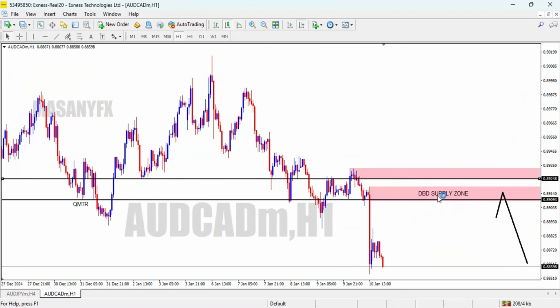As I'm telling you, the price will react here first, because the big move was here. This drop versus this drop is stronger than this drop, which means the strongest decision to sell is taken from this base, not from this base. So this base is much more important than this base.